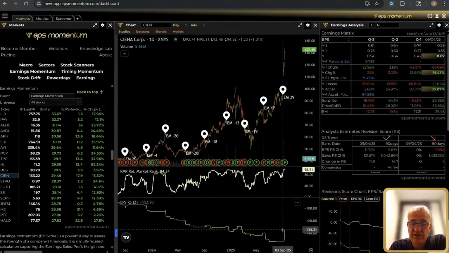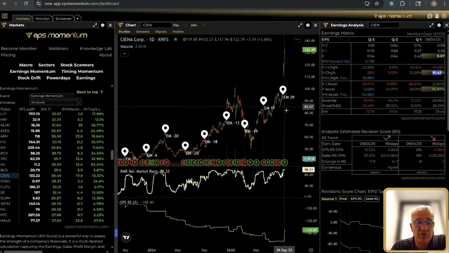So not only did the estimates shoot up, but you also have the actual numbers. The numbers looking backward, looking at the past, show a great picture. You have an acceleration of 35% in earnings per share. It was accelerating as well the previous quarter. It's actually accelerated 4 quarters in a row, which was an interesting play here. And 91% growth, so really a great picture here for Sienna.